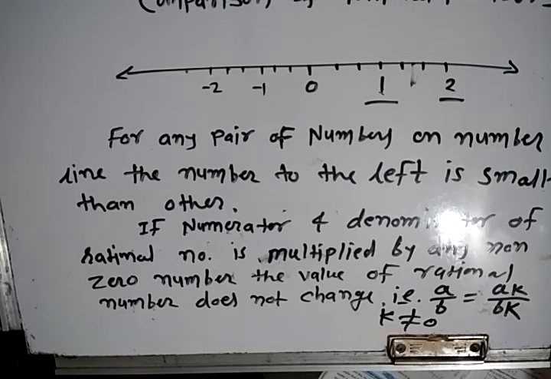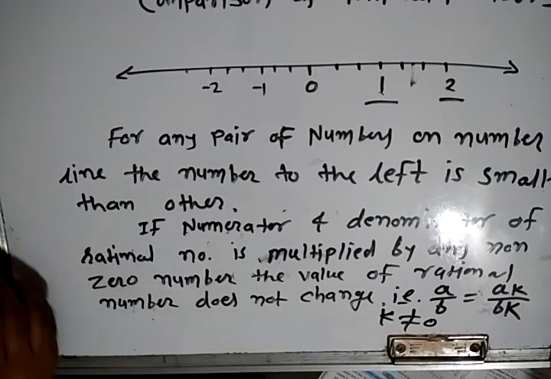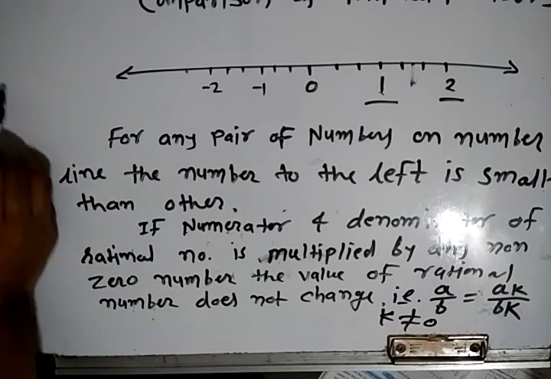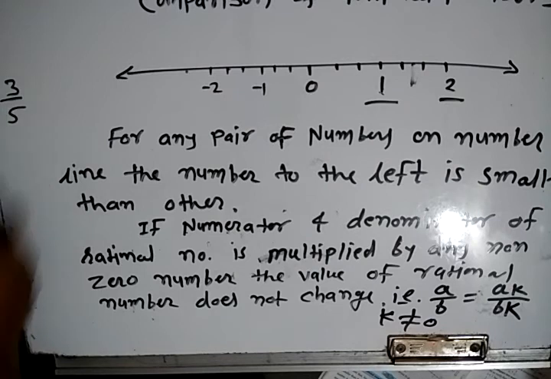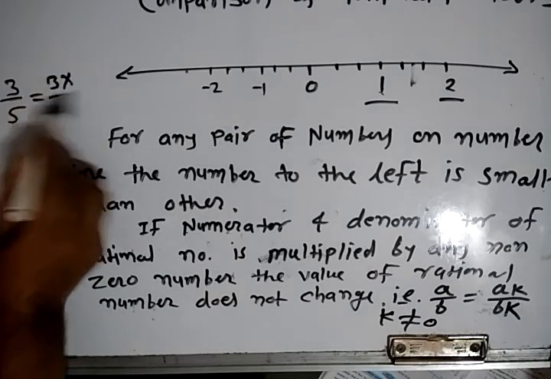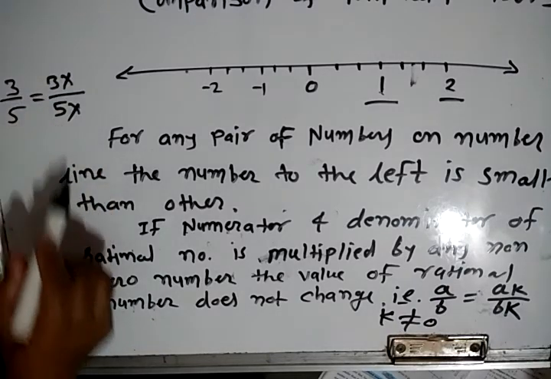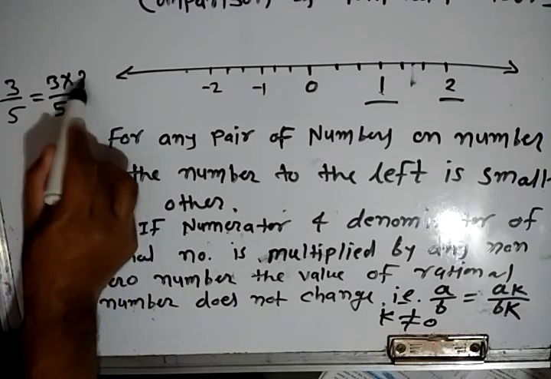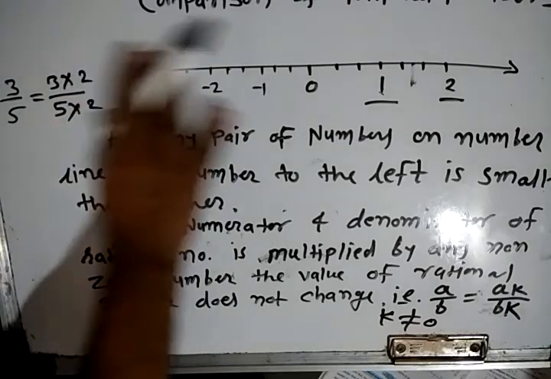does not change. Example. Suppose there is one number 3 upon 5. If we multiply both 3 and 5 by the same number, that is 2, then what we get?